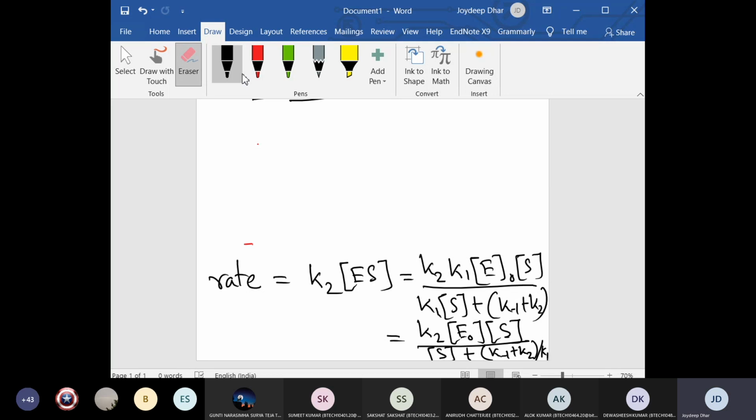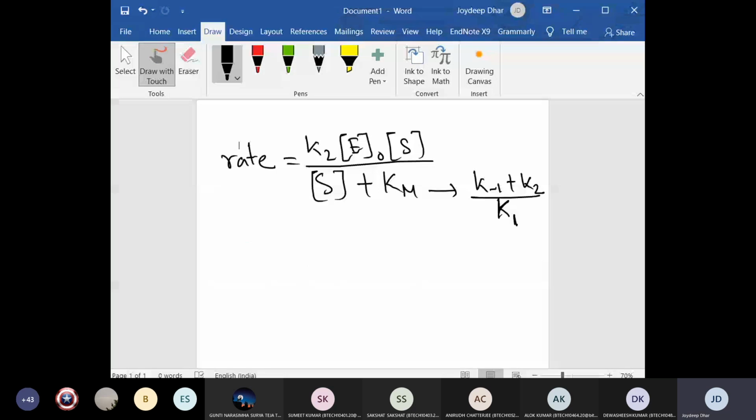If you are having a lot of substrate, substrate in large quantity, then what will happen? All the enzyme will be completely bound with the substrate.